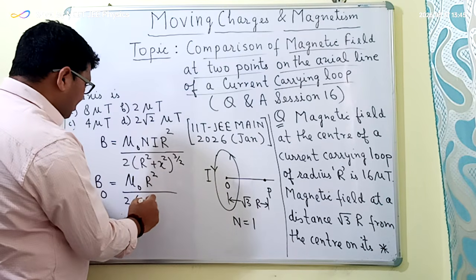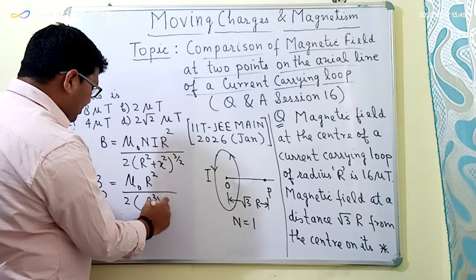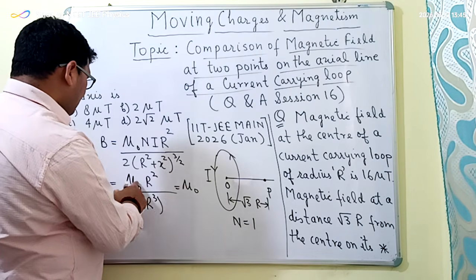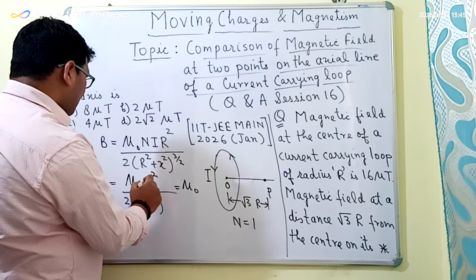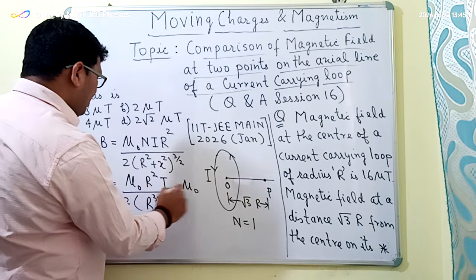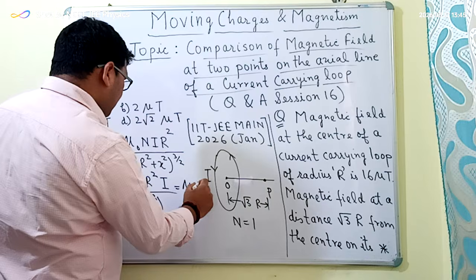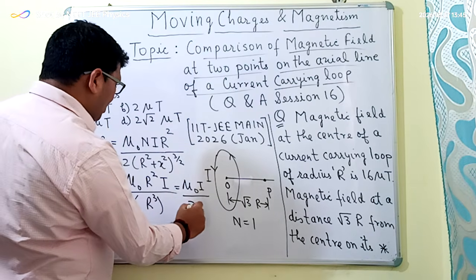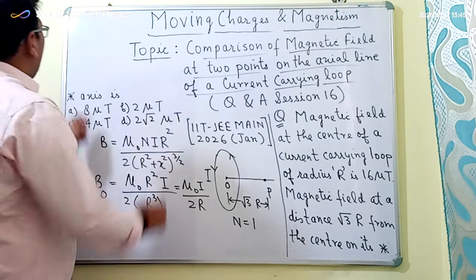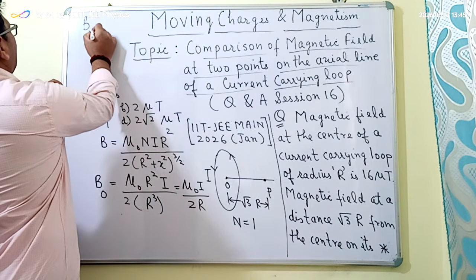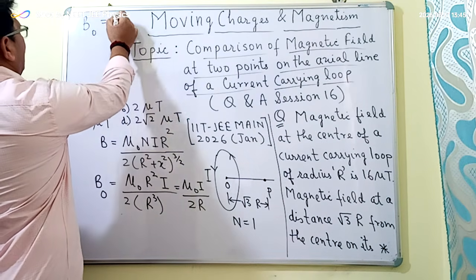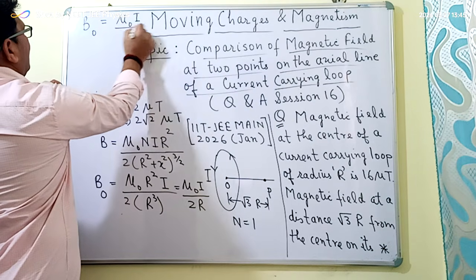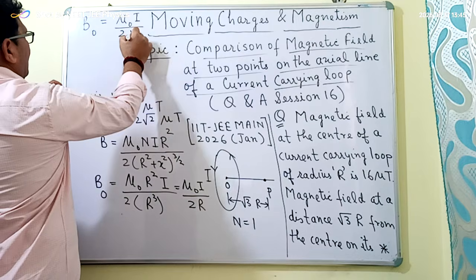So the magnetic field at the center of the current carrying loop is equal to mu naught I divided by 2r.